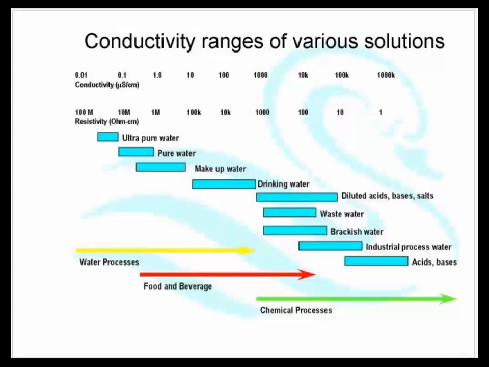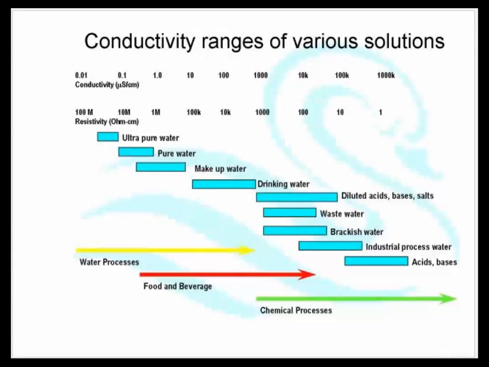Pure water is a very, very good insulator. So we'd say that pure water has got high resistance, low conductivity. Now, the dirtier you make water, the better it is at conducting. So we can use conductivity as a measure of pollution, of impurity in water.